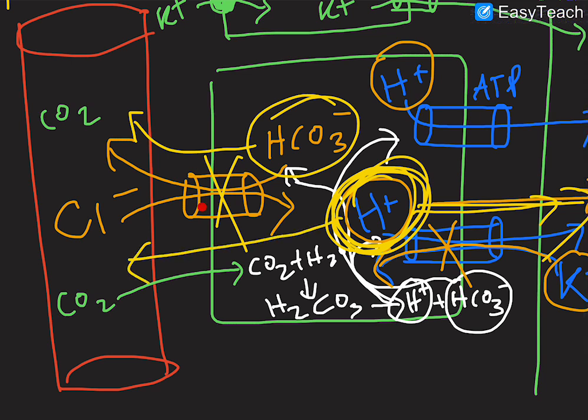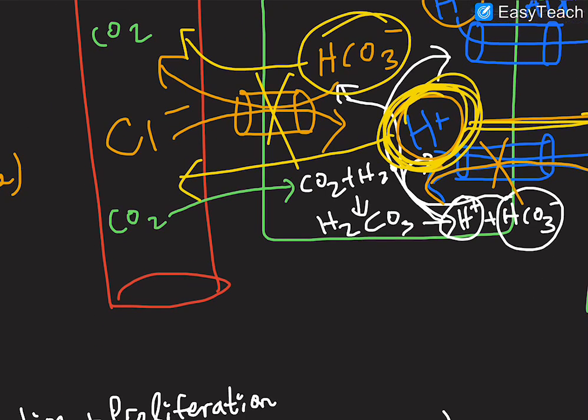And if this channel is not working, as you can see in Sjogren's, you can't put bicarb into your blood either. So if you can't put alkaline things into your blood, or if acidic things are leaking into your blood, then you see metabolic acidosis. All right, so you can see metabolic acidosis.